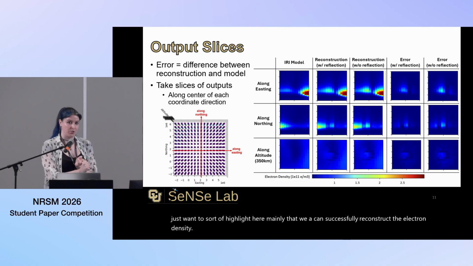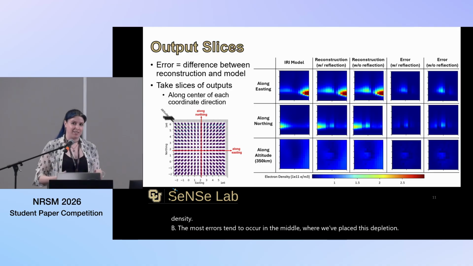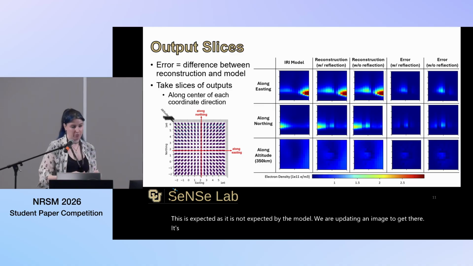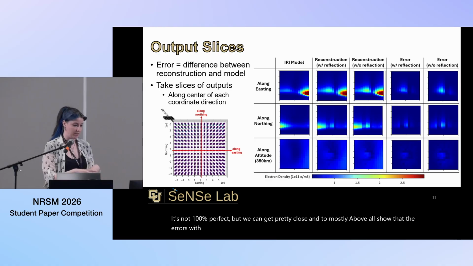B, the most errors tend to occur in the middle where we've placed this depletion. This is expected as it is not expected by the model, and we are updating an image to get there. It's not 100% perfect, but we can get pretty close. And above all, the errors with reflection are noticeably lower and darker than without reflection.